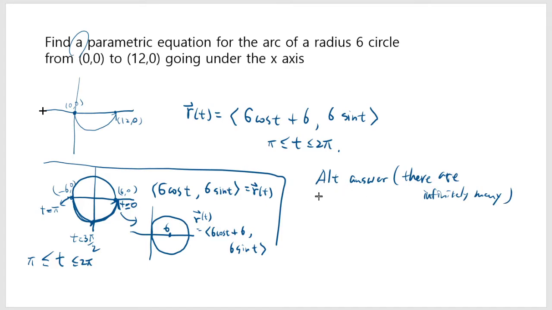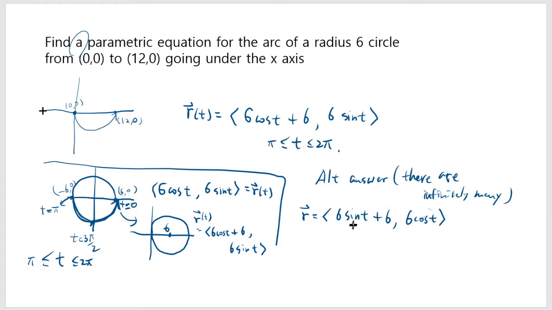But the alt answer I want to mention, the one that uses sine, would be (6 sine of t + 6, 6 cosine of t). And what happens is that cosine from pi over 2 to 3 pi over 2 makes this negative, so we know that that's negative.